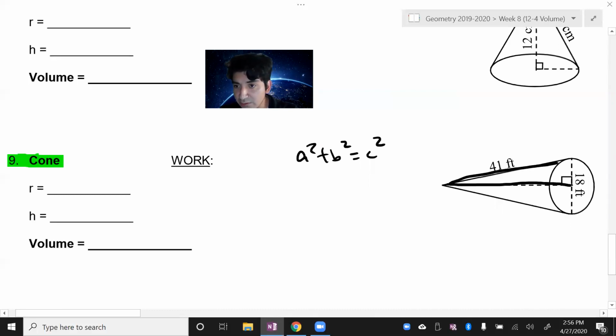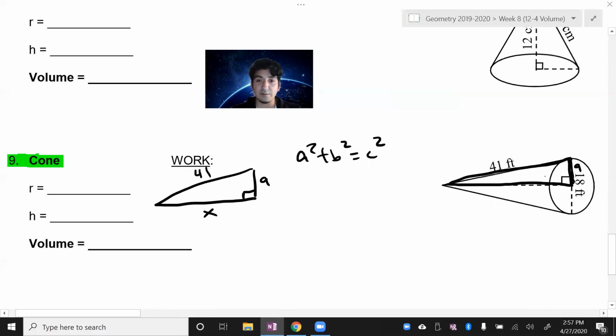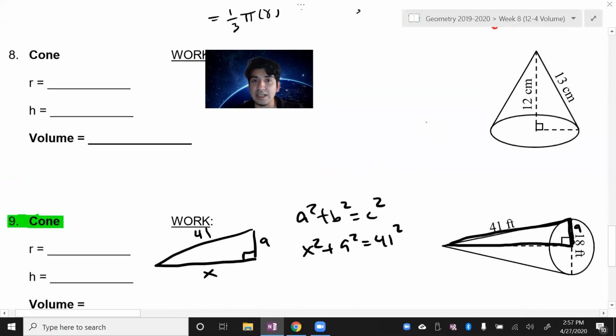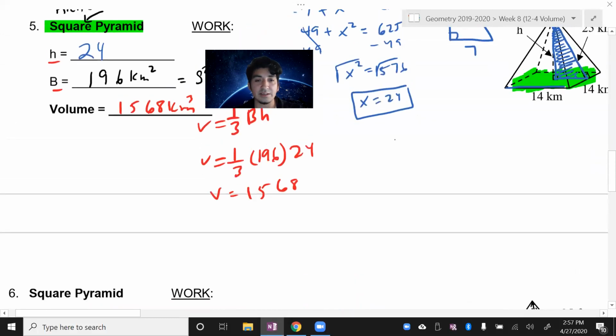You just have a triangle that happens to be laying down, and this triangle is what you're going to look at. This side is 41, we don't know this side, and this is 9 because it's right here. So plug in what you know and solve it on your own, because everything is given for you already. That's how you find the volume of a cone and a pyramid, guys.